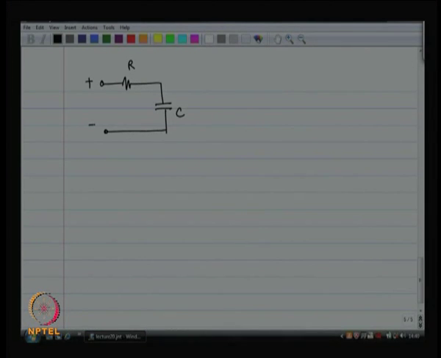Now, the question that I would like to ask you is as follows. Suppose you have got an RC network and suppose you apply the input across the RC and you take the output just across the C.